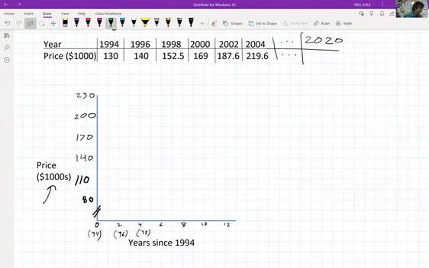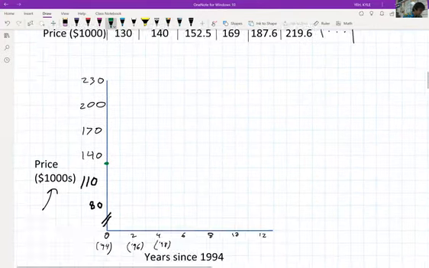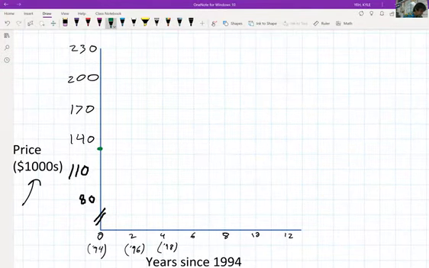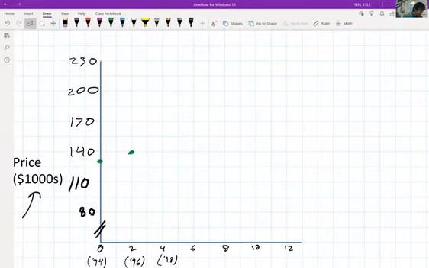I'm going to plot them in green. So 1994, 0 years since 94 was $130,000. So that's going to be right around here. 96 was $140,000. So that one's exactly on that last point. 98 was 152.5.